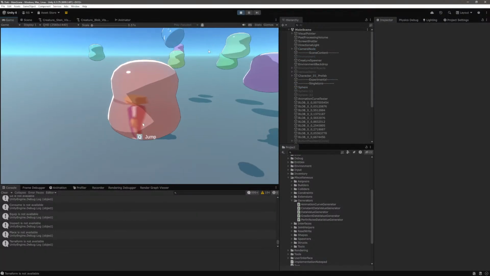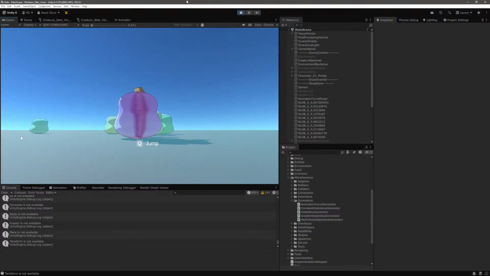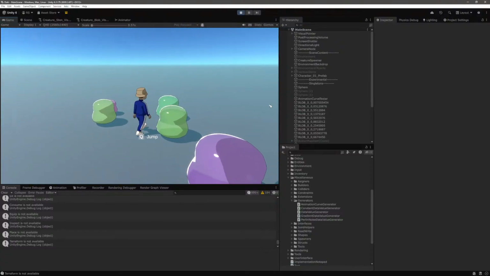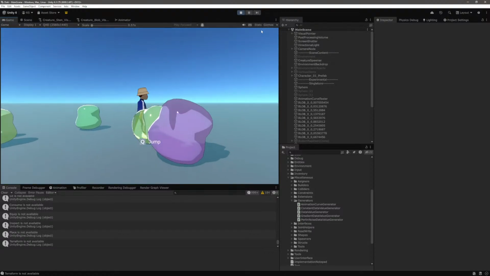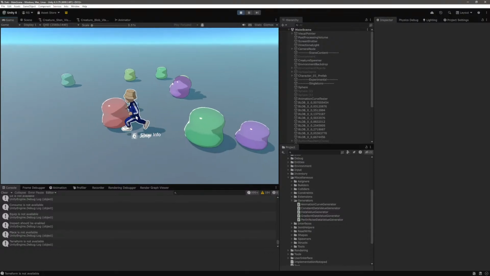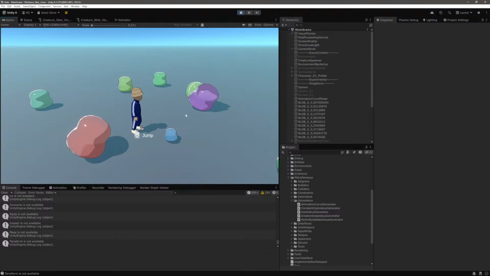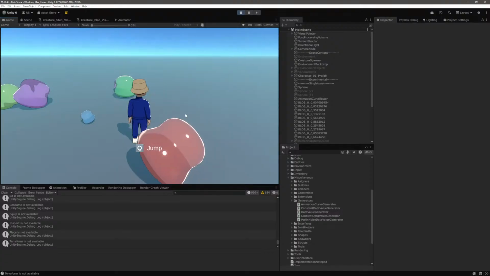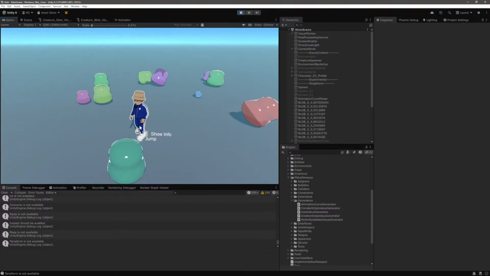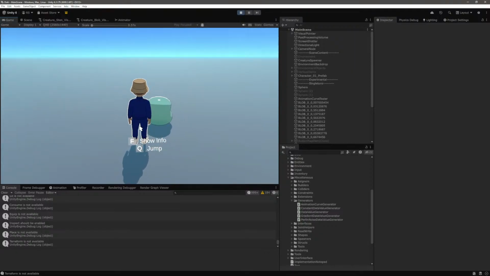I mean, it's not too bad. Then I probably also want to make them more cube-like. Shit, I want to go a little bit even more crazy with the shape, I think.